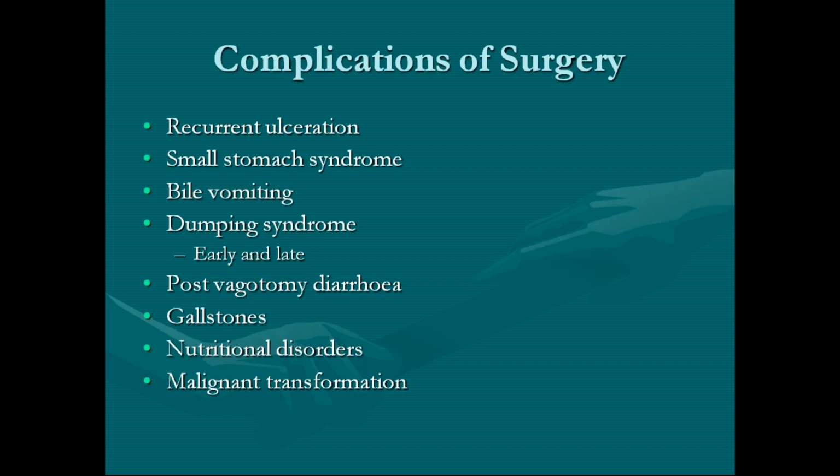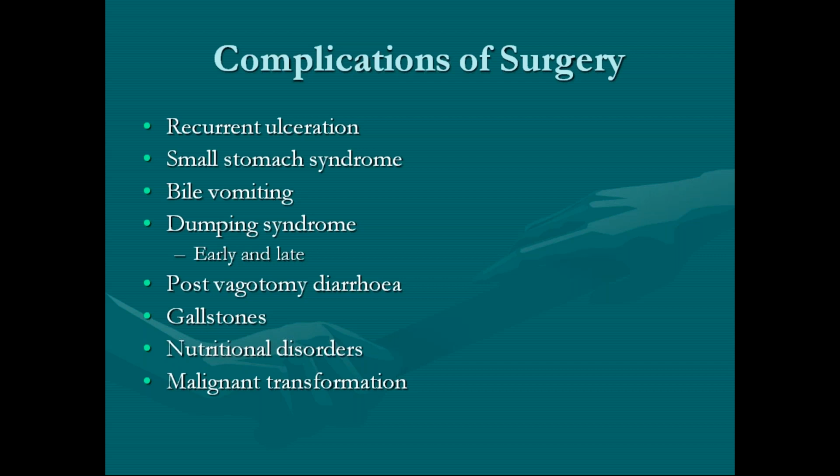Now coming to the complications. As with any surgery, gastric resections or truncal vagotomies or any vagotomy will have their own complications. Okay, first, 30% of the patients who have undergone surgery for gastric ulcer or peptic ulceration can have some sort of complications following surgery, out of which 5% will have intractable symptoms, right?